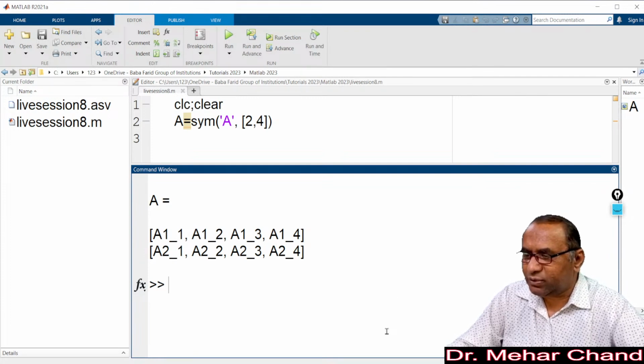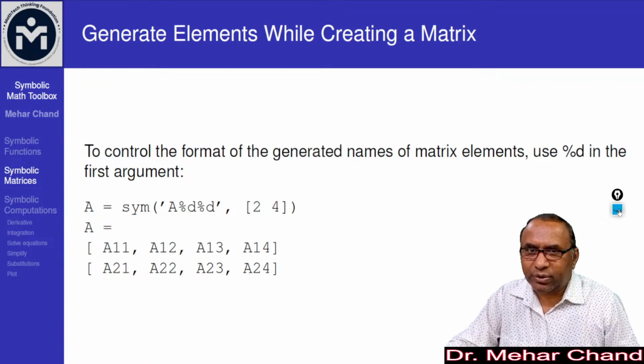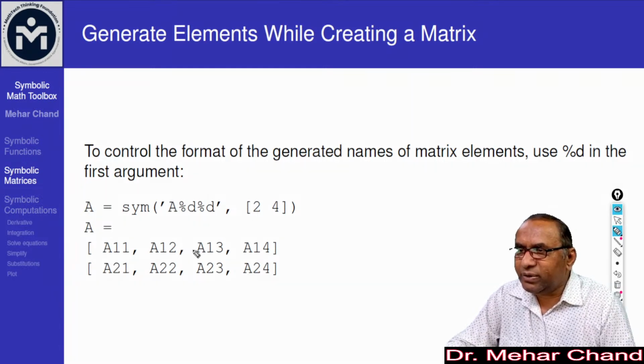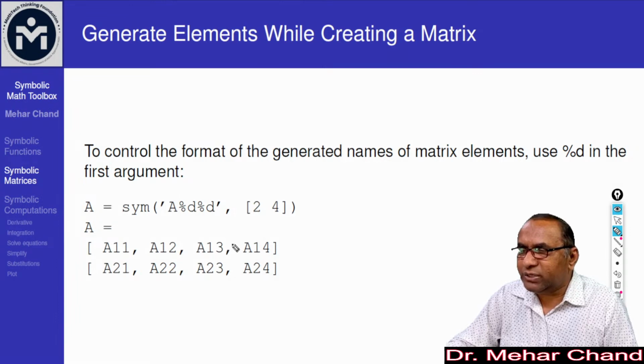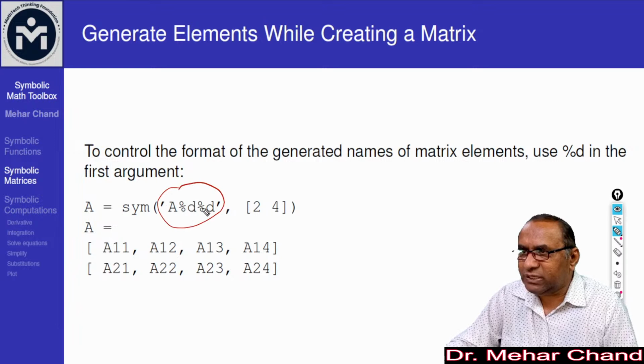So if you want to remove this, you can do it by using this notation. We have to replace the notation. As you can see here, a double percentage is there. Note this notation. If you want to control the format, we can do it easily by using this syntax. We just need to replace a with a percentage d.